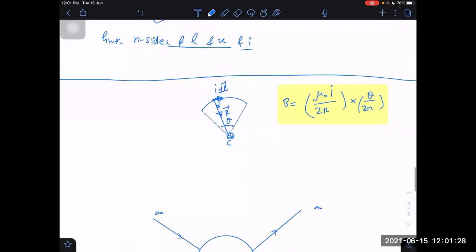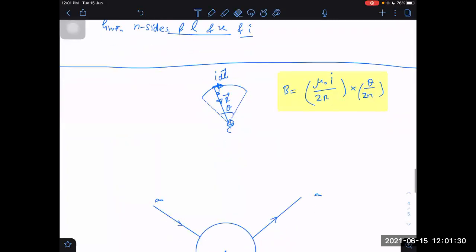Yes, sir, minus k cap. So I can write mu naught into I into dL cross R vector divided by 4 pi R cube, integral, that is dB integral.